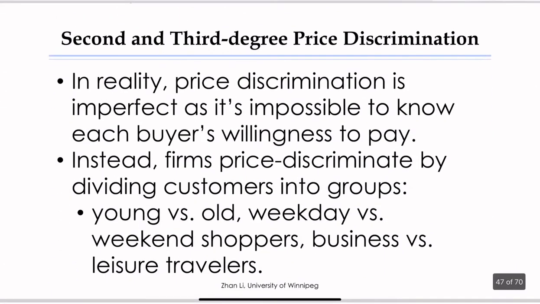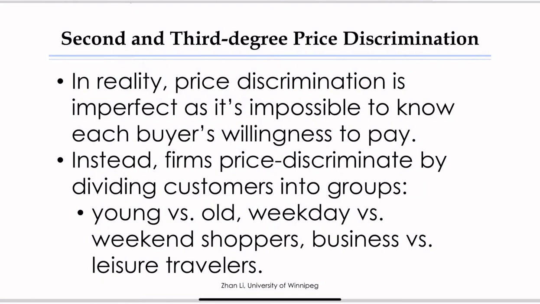Okay, now let's talk about second and third degree price discrimination. You can see that perfect price discrimination is most likely a theoretical result. The reason is because it requires the seller to perfectly understand every buyer's willingness to pay and perfectly charge each buyer his willingness to pay.